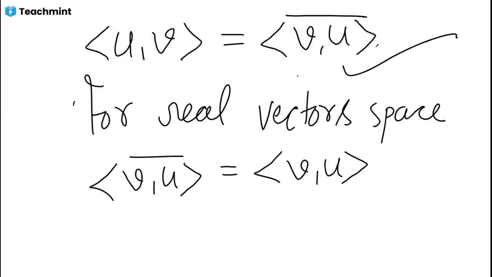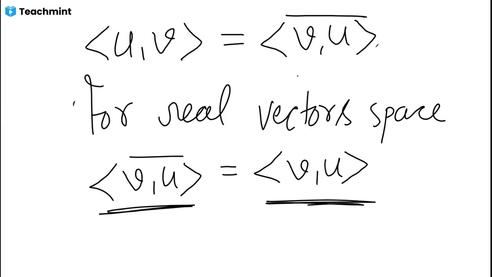That is why for real, obviously uv is equal to vu, but for complex, uv is equal to the conjugate of vu. So the conjugate is also equal to the inner product, because we don't have the iota form here. That is why we can express this conjugate simply in this form for a real vector space.